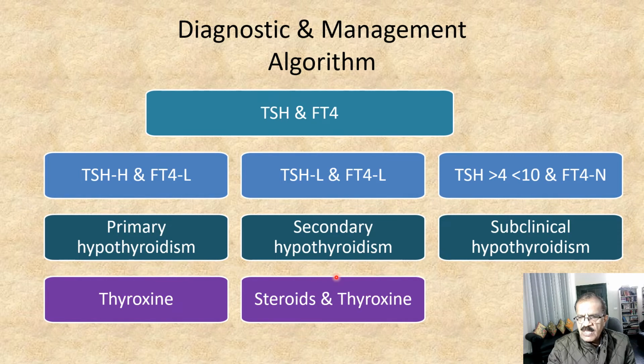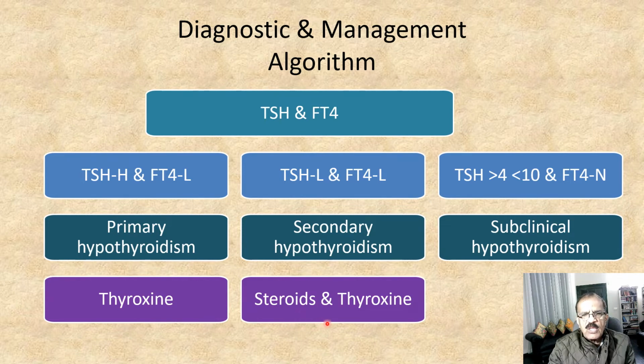Then in secondary hypothyroidism, we made a case that the problem is not only thyroxine deficiency, the problem is in the pituitary. The patient is likely to have other hormonal deficiencies, and the most critical of those is actually the steroids.